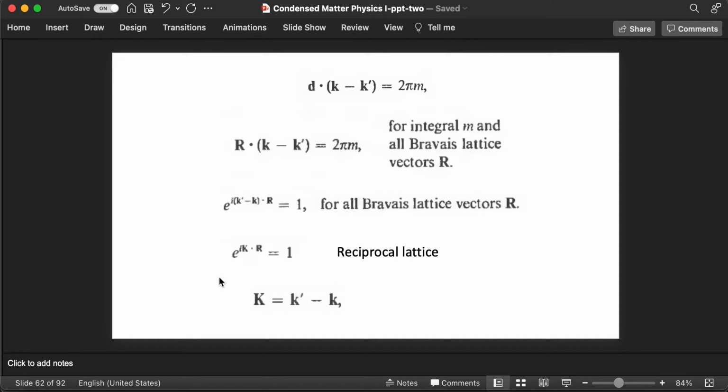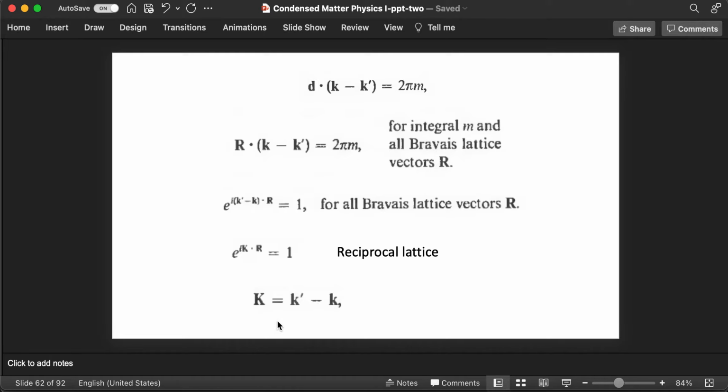So what does this mean? This means that in the von Laue formulation, the condition for constructive interference is that the difference between the scattered wave vector and the incident wave vector should be a reciprocal lattice vector. So k prime is the scattered X-ray wave vector, and k is the incident X-ray wave vector.